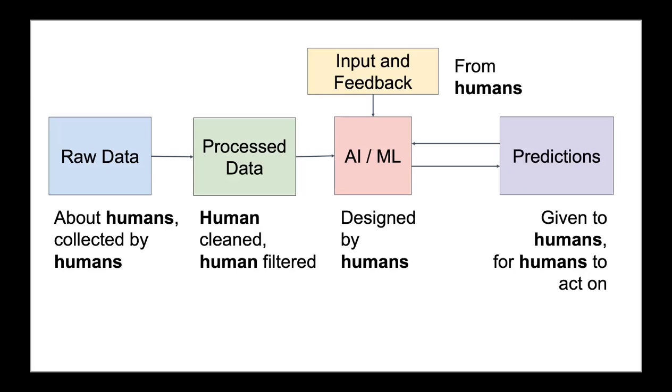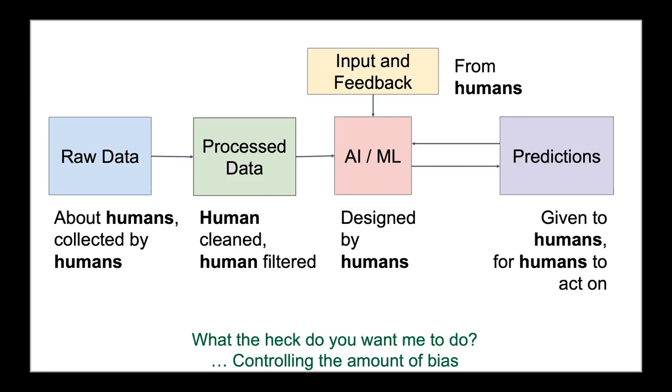In reinforcement learning, I think it's a little bit different because we have an agent that's interacting with an environment. And many times we think of that agent as just doing its own thing, not getting any help from humans. But really, in a reinforcement learning setting, we want to think about the amount of bias we're putting in. It's absolutely true that we're choosing the algorithm, we're choosing the deep neural network and the number of layers, and there's going to be some human bias, but how much bias do we want to put in there?